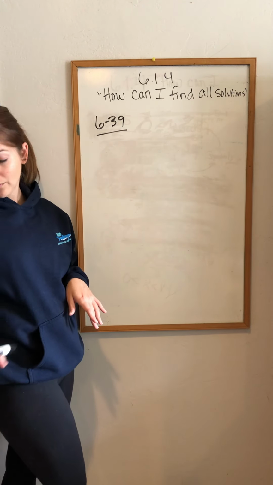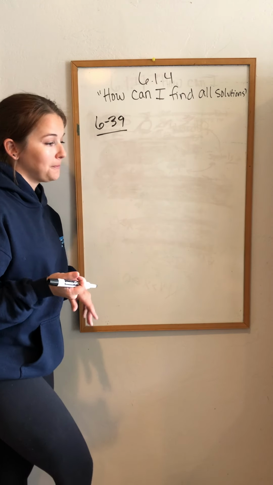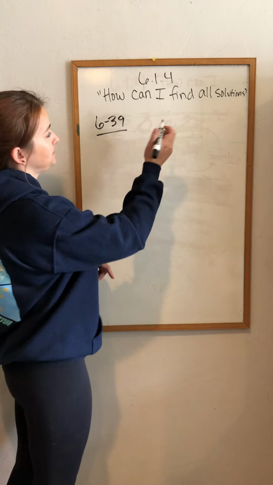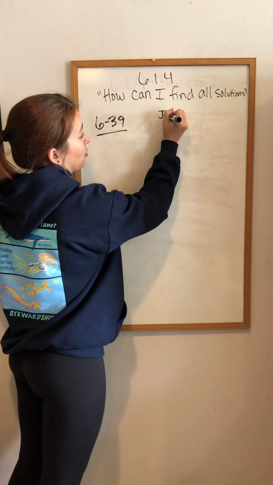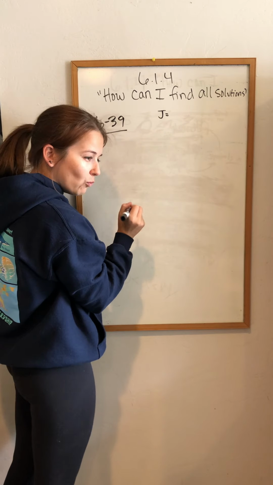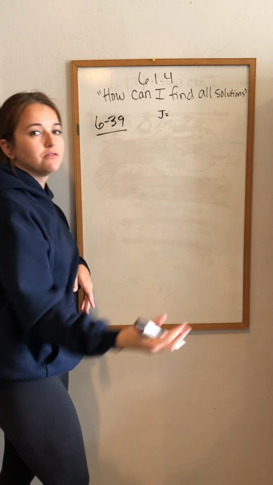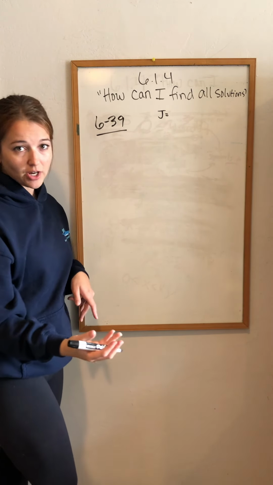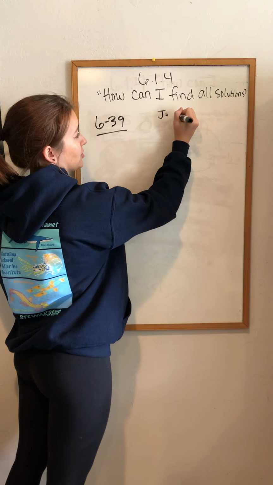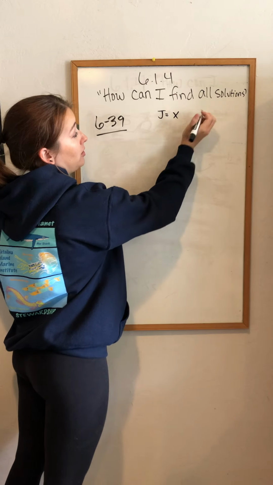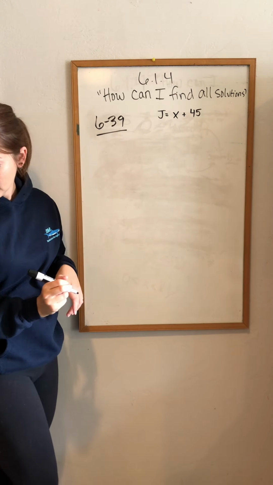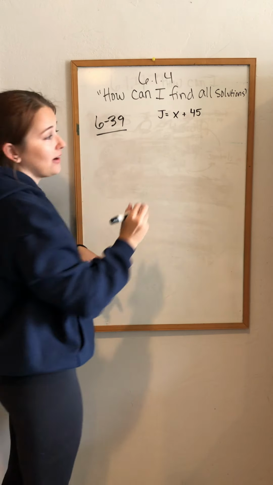So here's what I did when I first tried this problem. I wrote down each girl. So I knew Jay, who's Jordan, she has 1 roll plus 45 more yards of string. So for rolls, I used the variable x. So she has 1x, 1 roll, plus 45 extra yards. And then Terry, is it Terry?